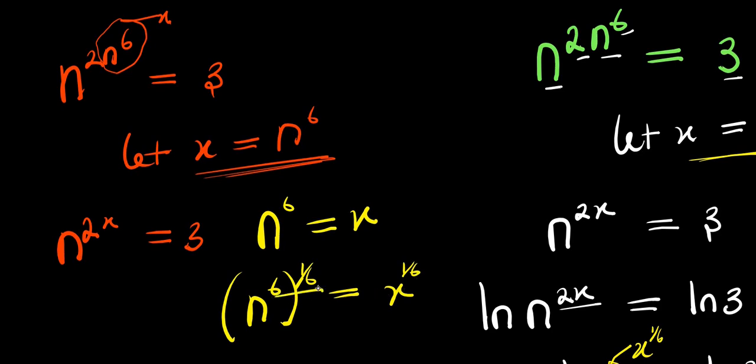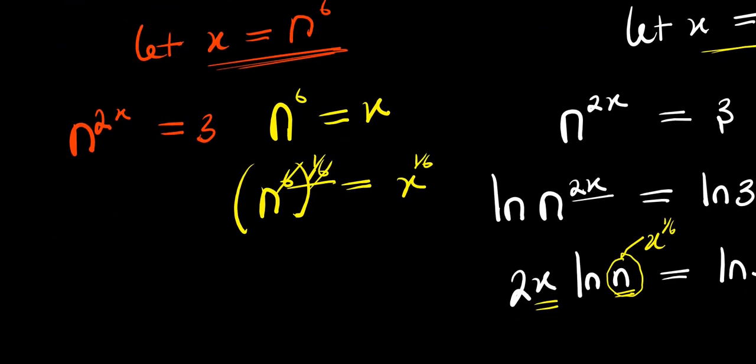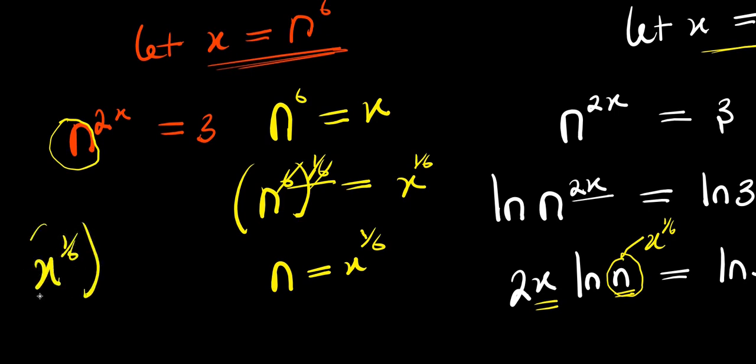So if you multiply this exponent following a power x power y equals a power xy, this cancels this. That means n equals x power 1 over 6. So we replace it here. That means we have x power 1 over 6 raised to the power of 2x equals 3.